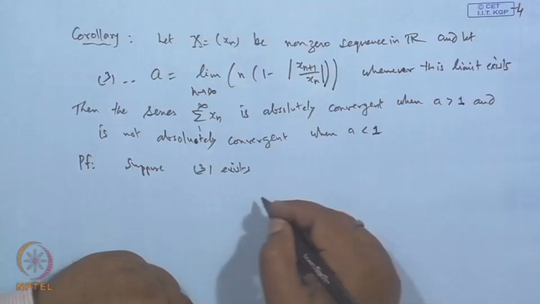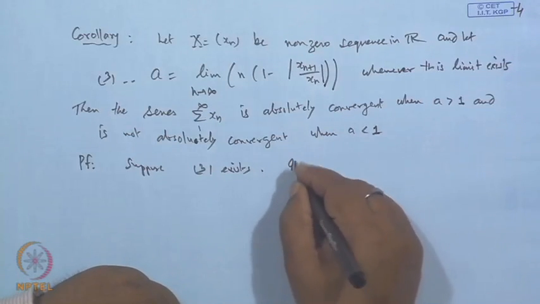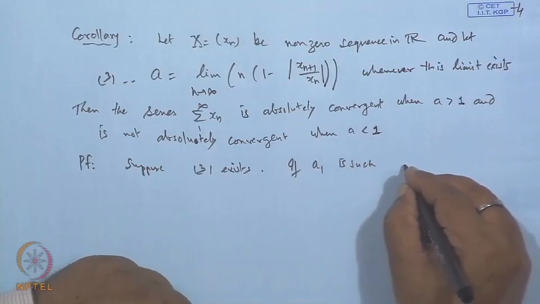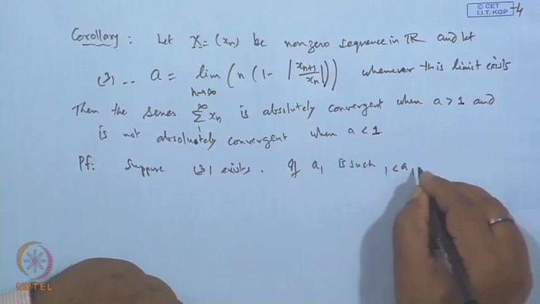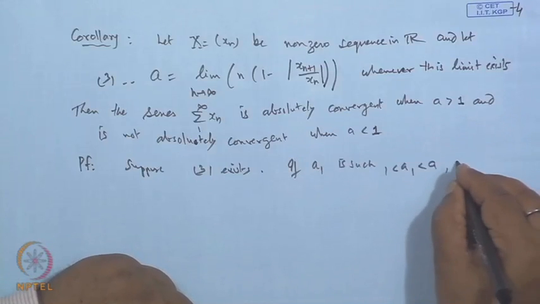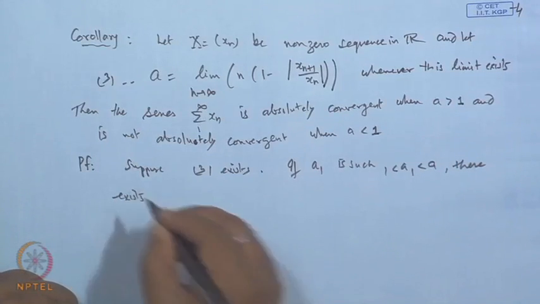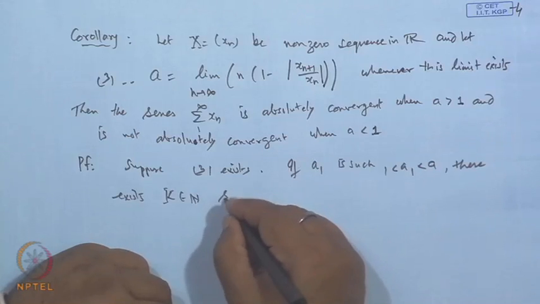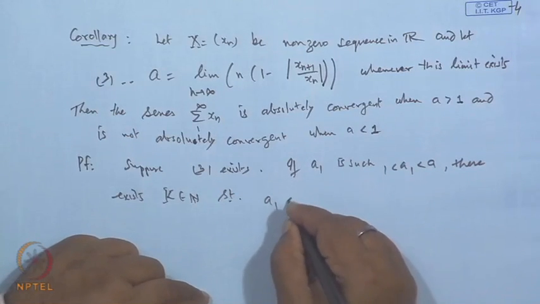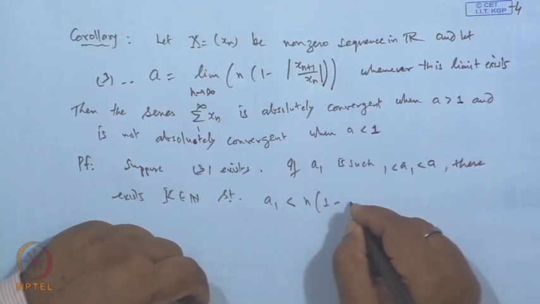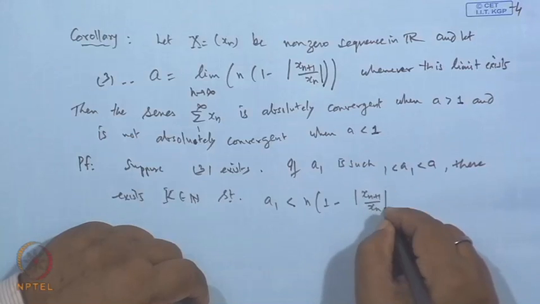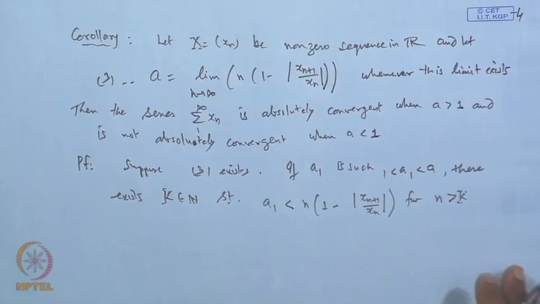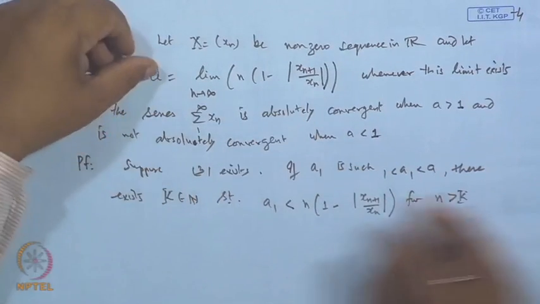So, we can identify a number A_1 which lies between 1 and A, that is, 1 is less than A_1, which is less than A. For this A_1, there exists a positive integer K such that A_1 is less than n times (1 minus mod of x_{n+1} by x_n) for all n greater than capital K. This is because this limit is A, okay, and A is strictly greater than 1.